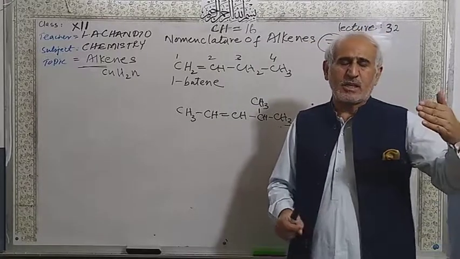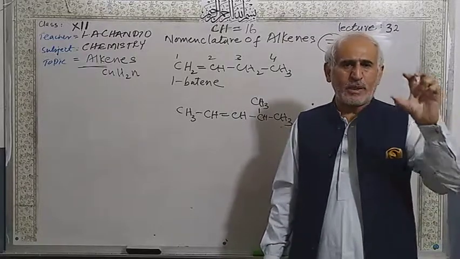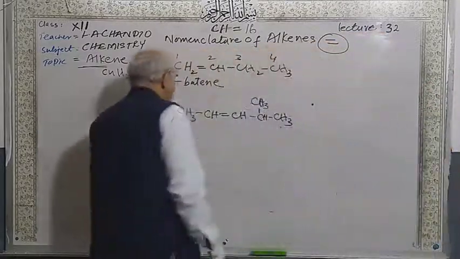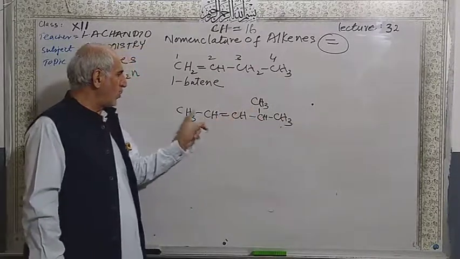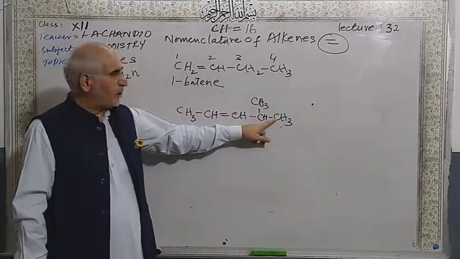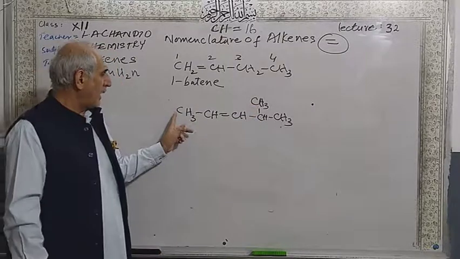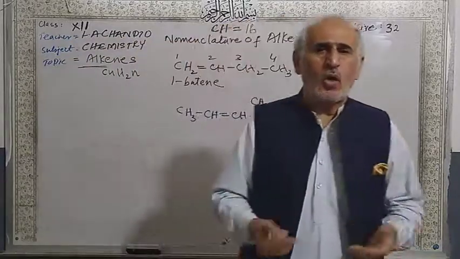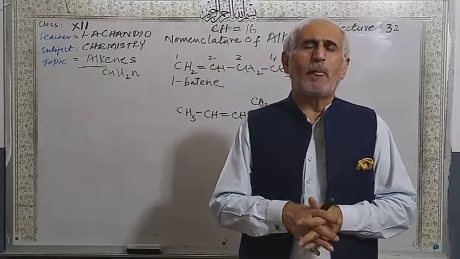The first rule, as I told you, is to select the carbon chain containing the double bond, so the 5-carbon chain must contain the double covalent bond. Here the methyl group is on carbon 2 and the double bond is on carbon 2. So you have to prefer the double covalent bond, not the branch.